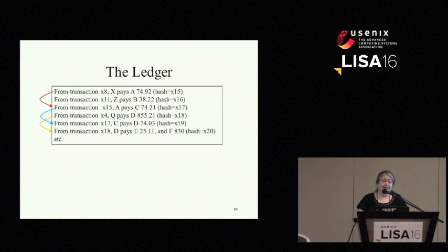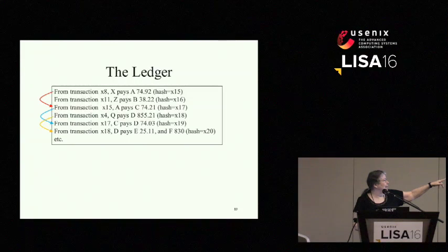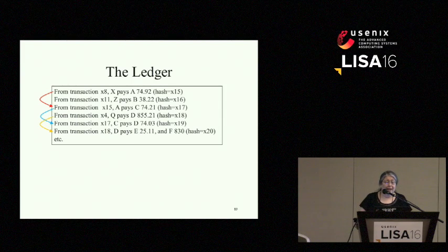So the ledger says that from transaction, let's do the blue one, from transaction X15, A pays C a certain amount of Bitcoin, and X15 refers to the transaction that had the hash called X15.